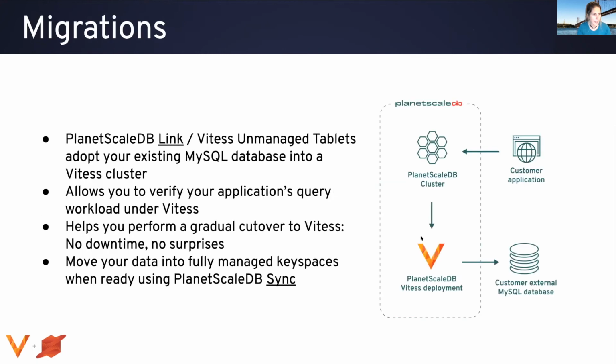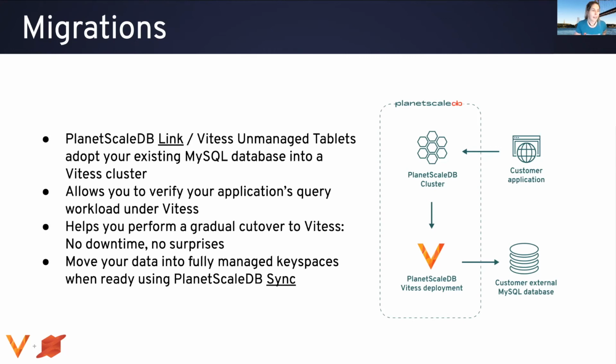Now, this is pretty exciting when you're starting a brand new project and you can build it from the ground up with sharding in mind, and have all your workflows built around the many benefits that Vitess provides. But what if you're already in pain, a long-time MySQL user, but you don't want to just start over, and are trying to figure out a way to gradually adopt something like Vitess or PlanetScale DB? Vitess has a pretty strong solution for that as well.